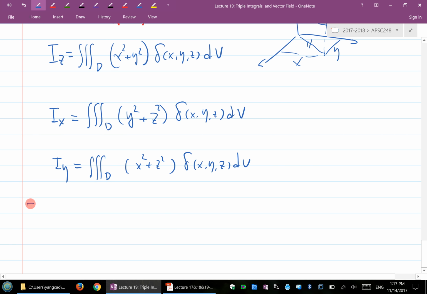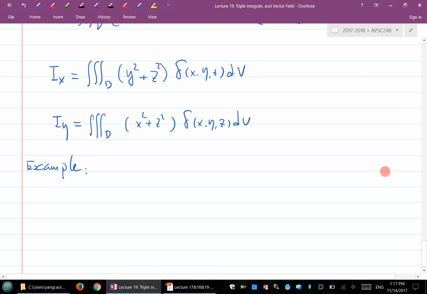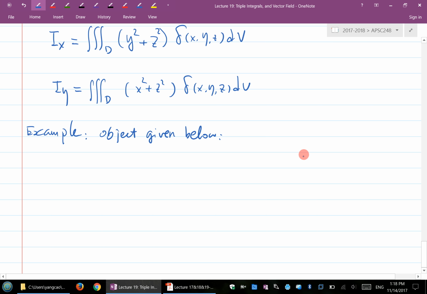Okay, so let's take a look at an example, and then we can wrap up this triple integral. The last example will be on applications of the triple integral. I'll give you an object as shown below. The object is basically a solid cone.